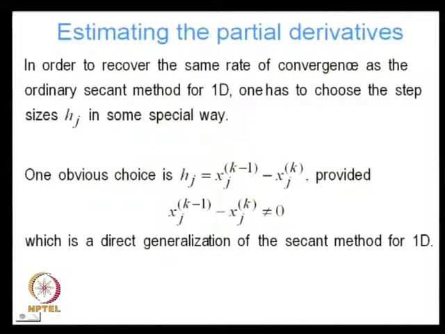So our order of convergence is going to be less than 2, but if we choose the hj like it is chosen for the secant method, I am assured of at least as high a rate of convergence as the secant method, which we saw was something like 1.6. So, instead of an order of convergence equal to 2, I am going to get an order of convergence like 1.6.